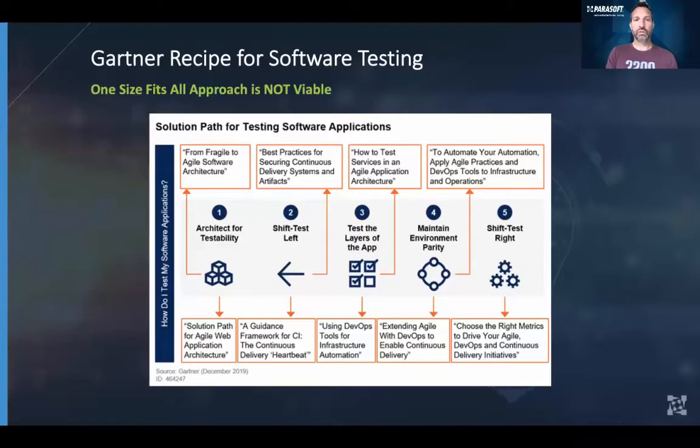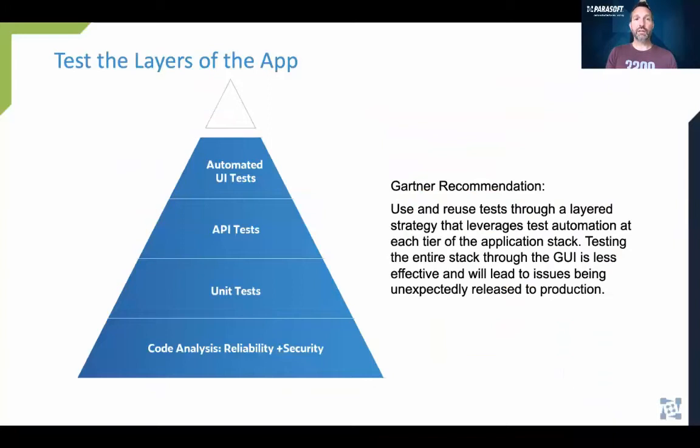And so really this is a good recipe, and this research from Gartner is also extremely valuable. So if we take a look at that middle one, testing the layers of the app, the Gartner recommendation specifically from the report says use and reuse tests through a layered strategy that leverages test automation at each tier of the application stack.